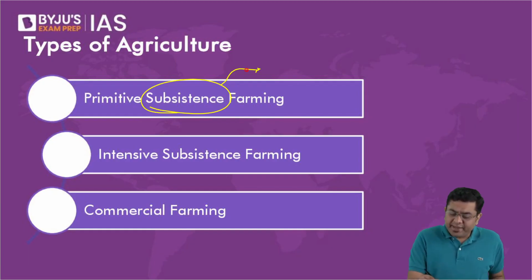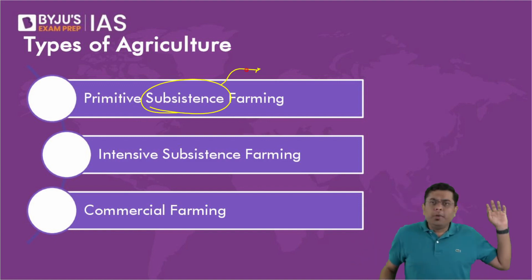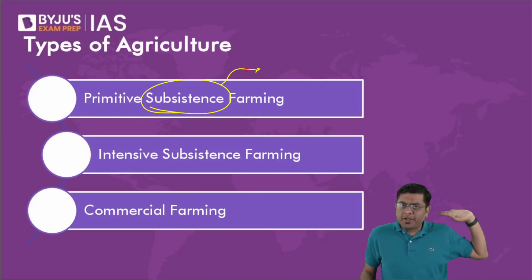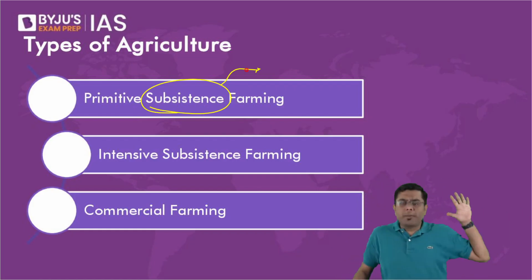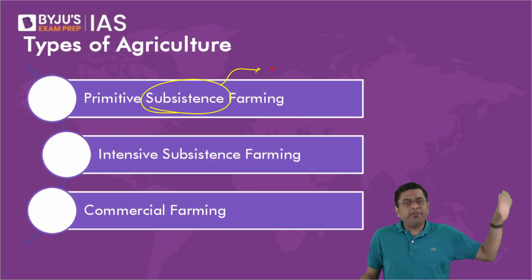It is that kind of farming where you produce enough for your self-consumption. You don't produce to sell it in the market. You produce what you want to consume. That is the purpose of production. Some amount of surplus you save for sowing the crops next year. So what you grow, you eat, and then you save for next year.